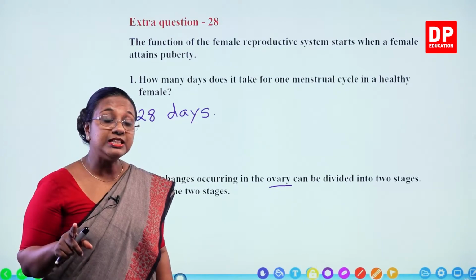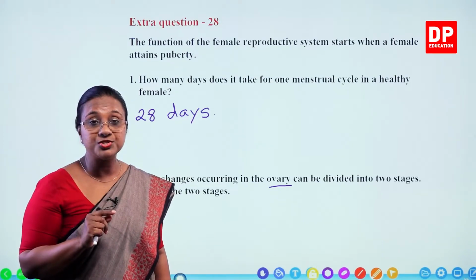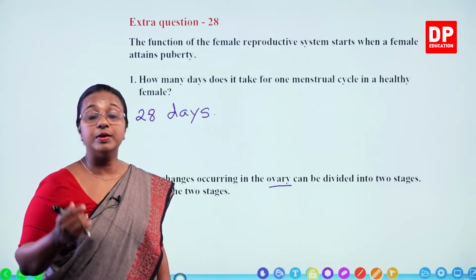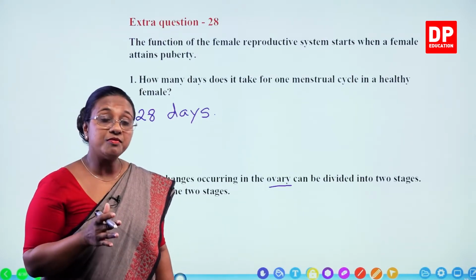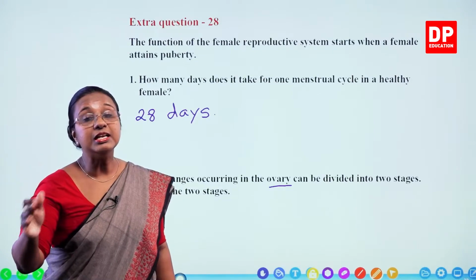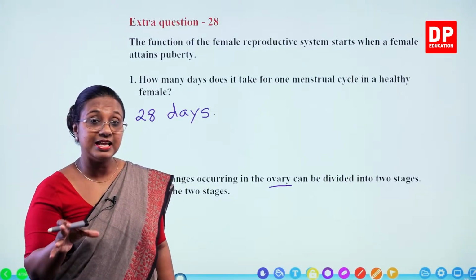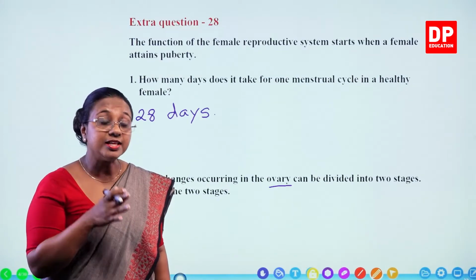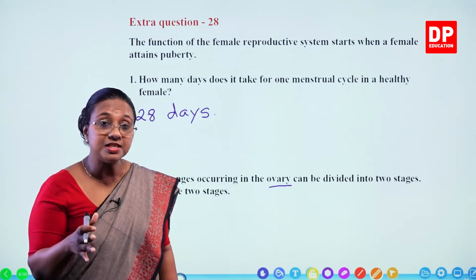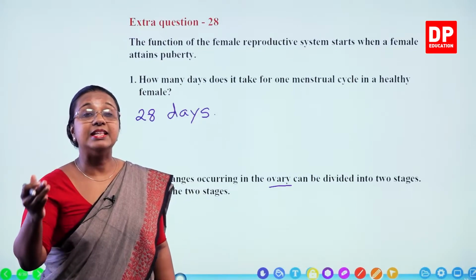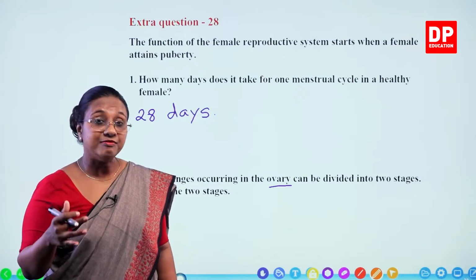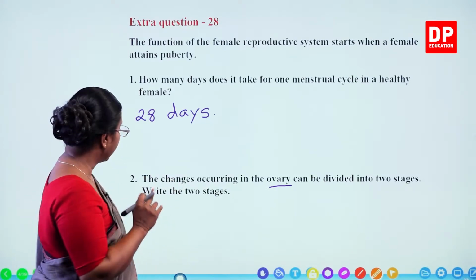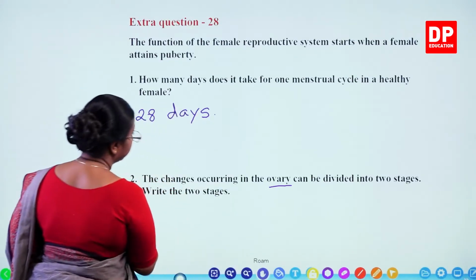And on the 14th day, it is the ovulation process where the mature Graafian follicle bursts and the ovum is released. So from ovulation to the last day of the cycle, that is the next 14 days, it is the luteal phase, where the Graafian follicle becomes the corpus luteum and then corpus albicans and fades away if there is no fertilization. So those are the 2 stages.